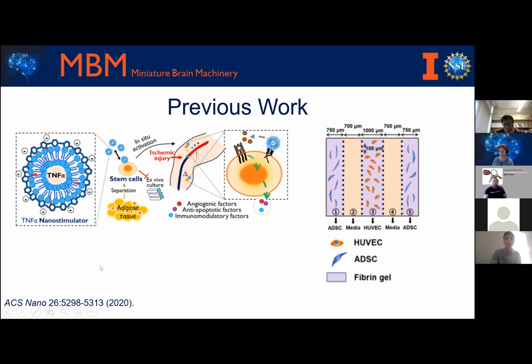Unfortunately, one issue is that tumor necrosis factor alpha can be associated with a pro-inflammatory effect. So we decided to try and identify an alternative ligand that could provide a more immune neutral effect on MSC secretion activities.